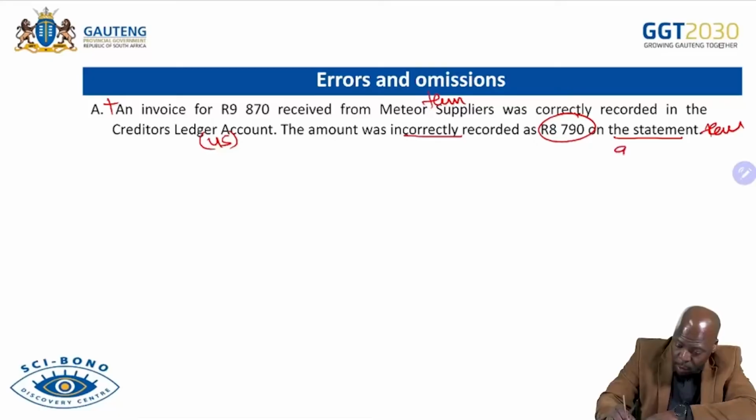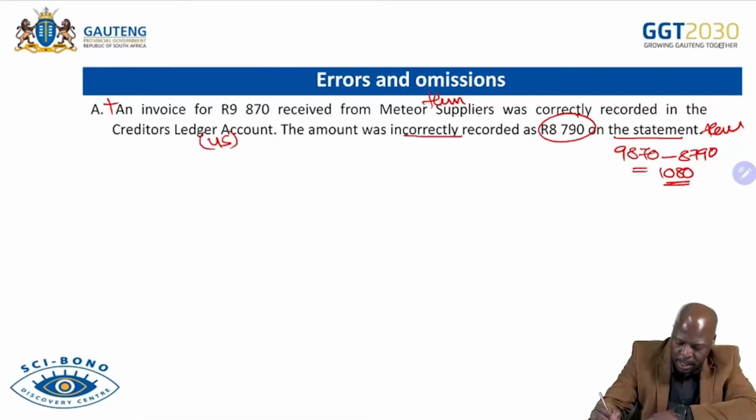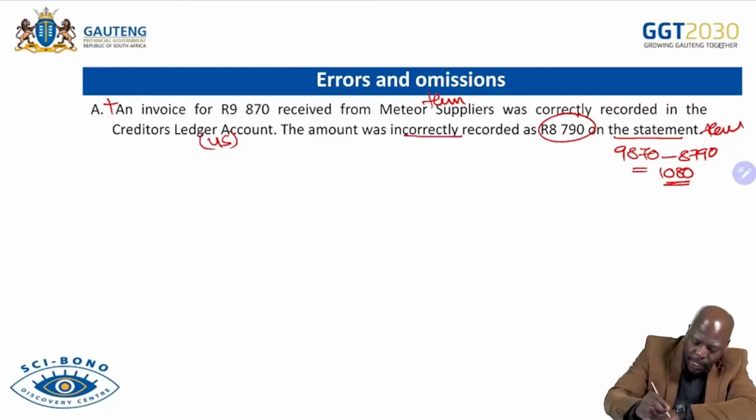So I'm going to say now my 9,870, I subtract the 8,790. Okay, I get the difference, and the difference becomes 1,080. What does this mean? The amount on the statement is under by 1,080, but you have to know what document was being recorded. It was an invoice, and an invoice should be a plus.